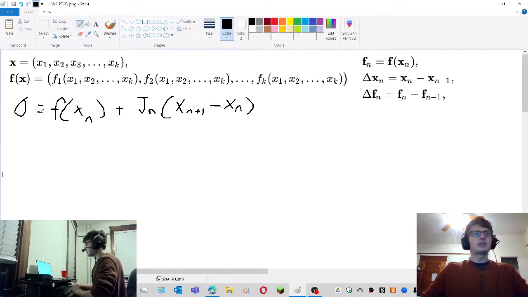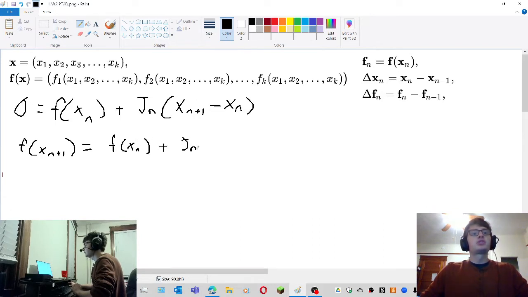The way it works out more frequently is that you get some f evaluated at x_n plus 1. That's going to be equivalent to my f evaluated at my old guess of x_n plus my next guess of the Jacobian, J_n plus 1, multiplied by, similarly, the difference x_n plus 1 minus x_n.